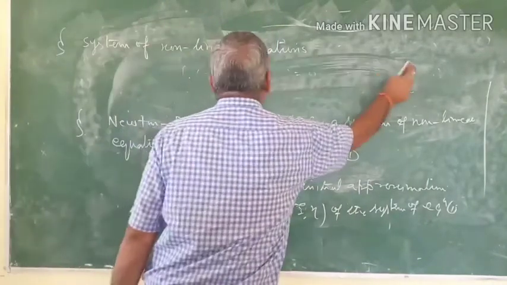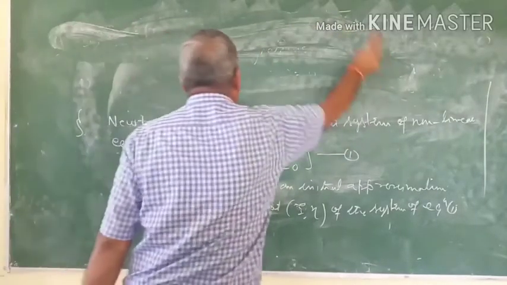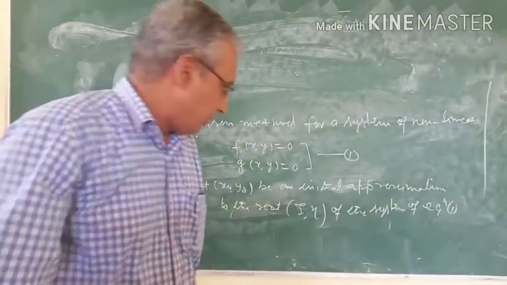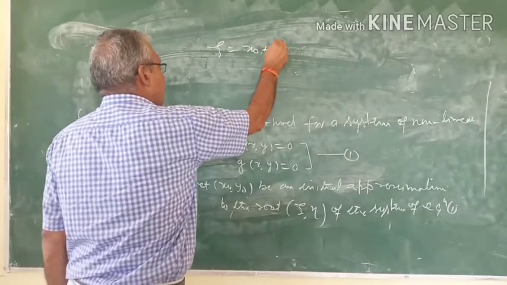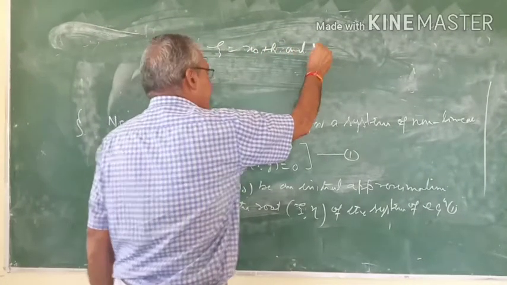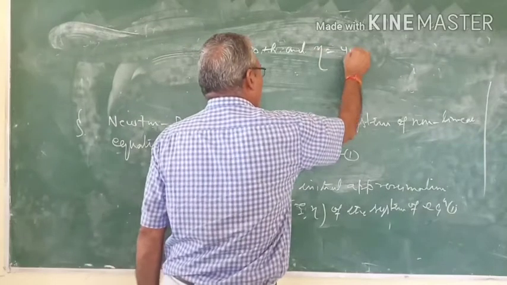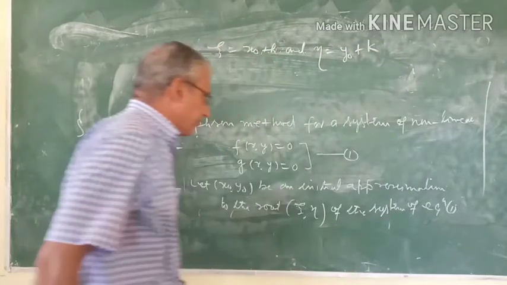Now we will take xi equals x0 plus h and eta equals y0 plus k.